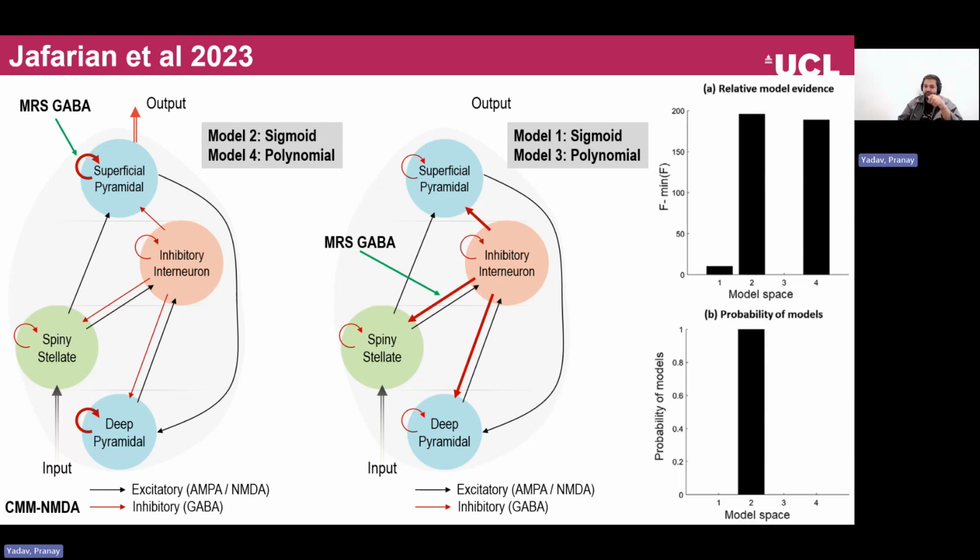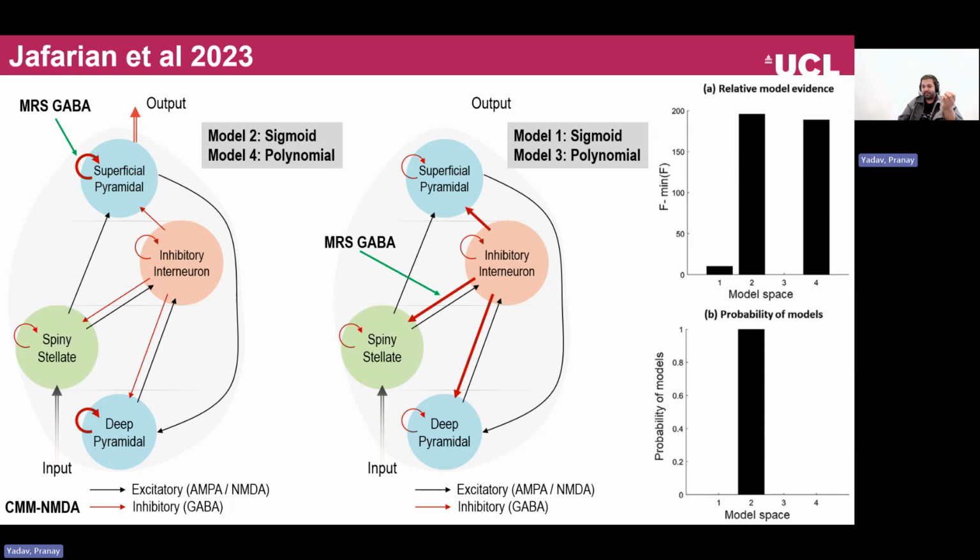And this is what they find. The winning model over here in the top plot is model number 2. The next one is model number 4, which is quite close. But the difference between them is about 20. And a difference of free energy of about the magnitude of 20 corresponds to a log Bayes factor of 20. So the model evidence is overwhelmingly in favor of model number 2.